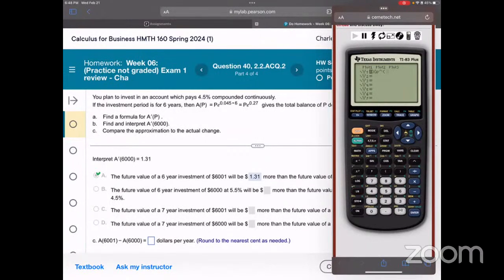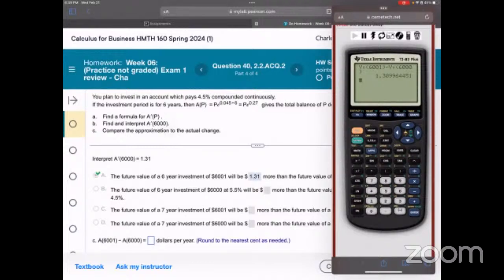And then I want to evaluate this when P is 6,001, minus, I need to close that off, minus evaluate it when P is 6,000. So we're getting an actual change from 1 year to the next. To the nearest cent, 1.31. Got the same thing.